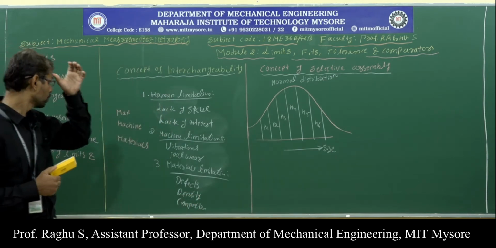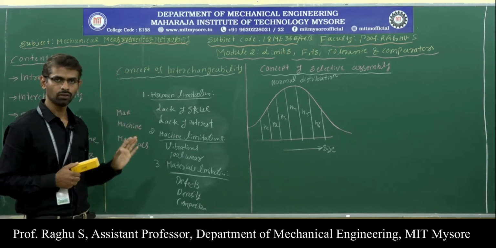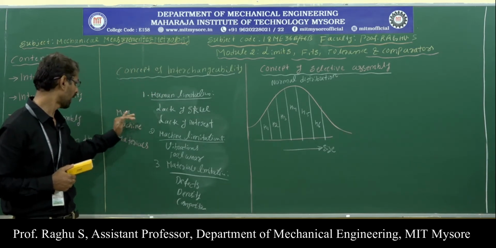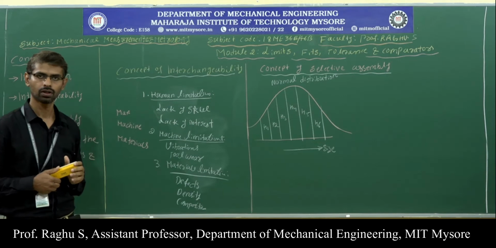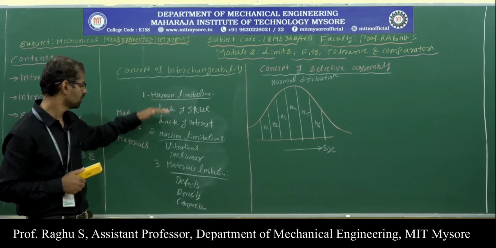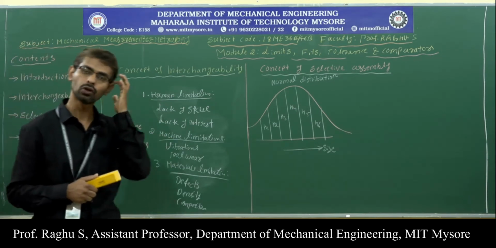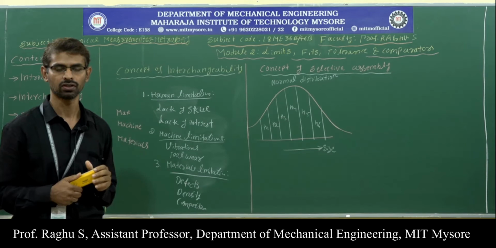As I already told you, in a manufacturing system these three elements are involved: man, machine and materials. Because of human limitations, machine limitations and material limitations, it is very difficult to produce a component to exact size.